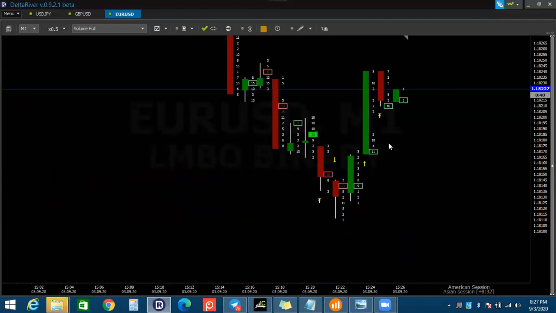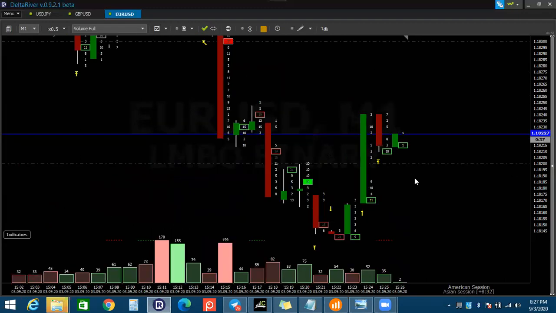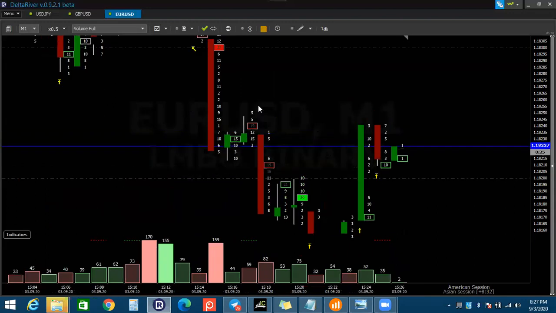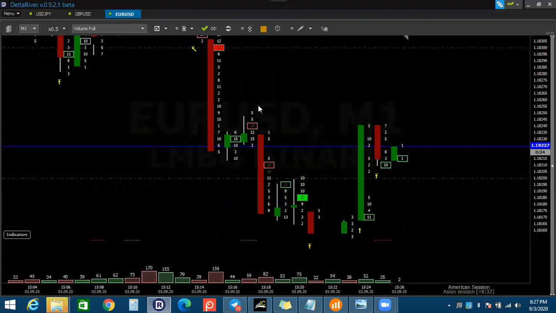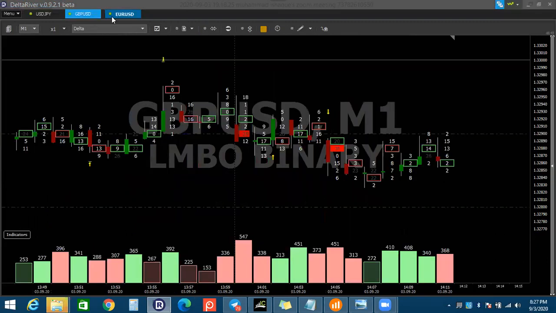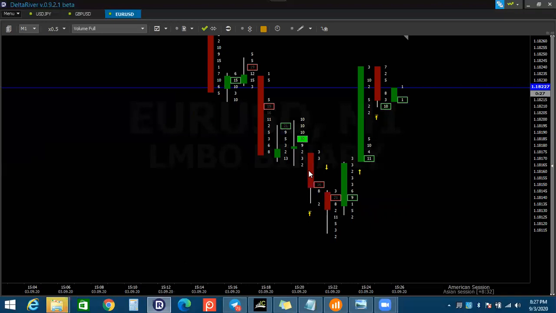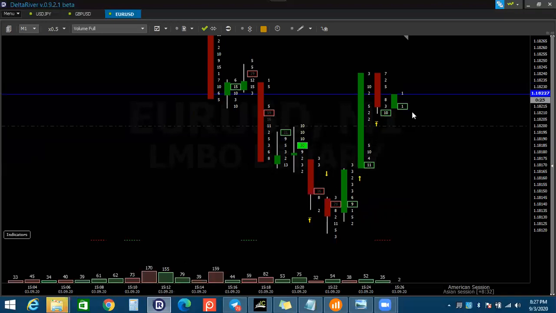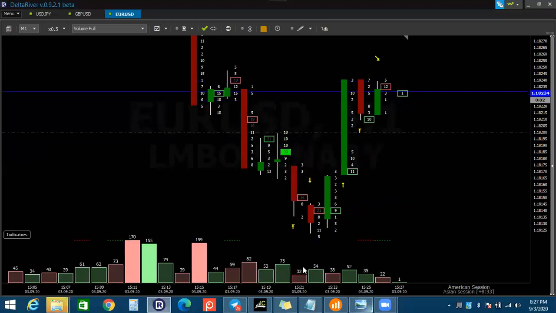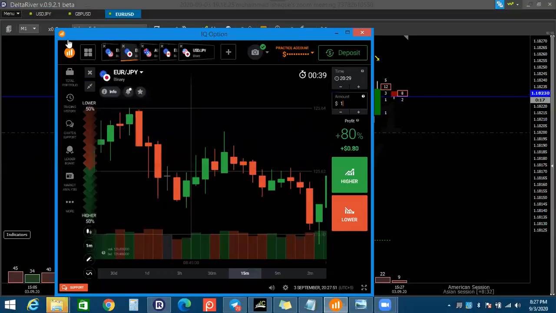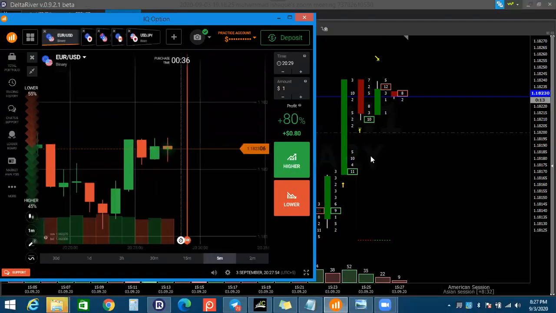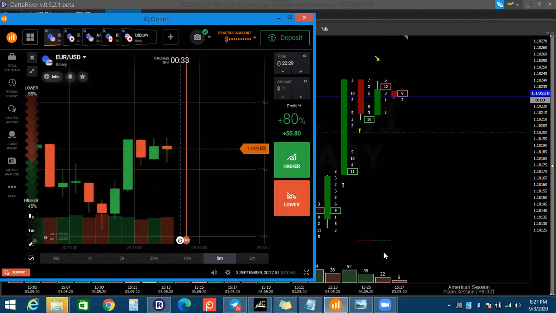Okay, it's a start, I think. No, it's not higher. So you are looking at these types of volumes. Come here. The last candle, how much volume does it have here? 22.